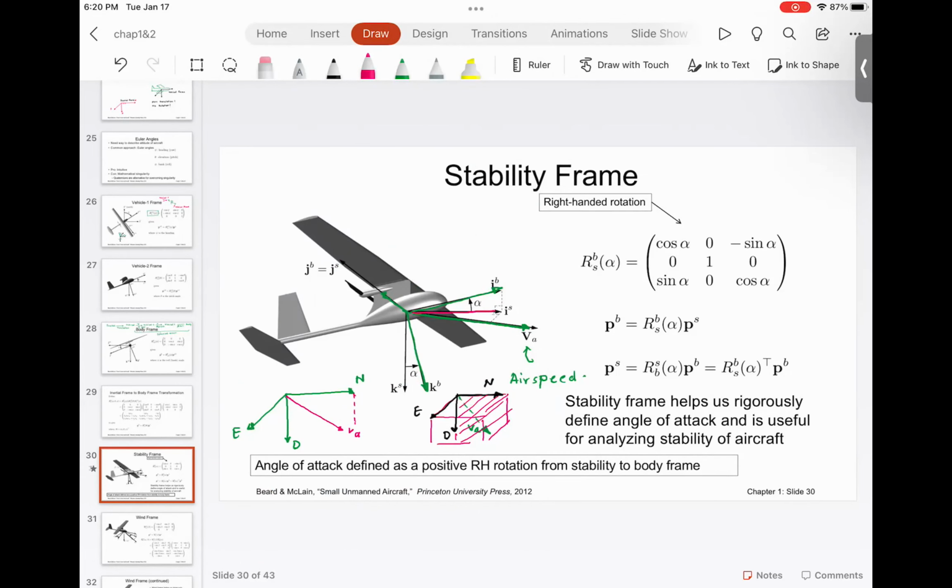This component of airspeed is on the plane, which is this plane. And the angle made by the aircraft with respect to the projection of airspeed onto the IB-KB plane is called the angle of attack. Now, I want to explain this concept again.